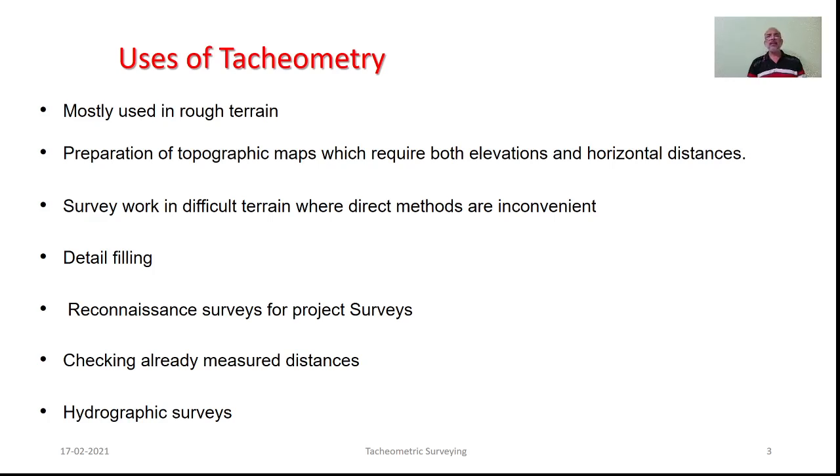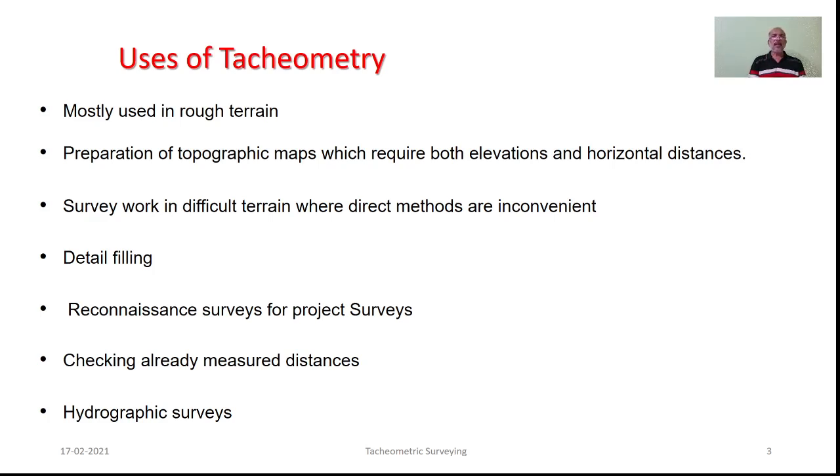It can be adopted in survey work when the terrain is difficult and it is not feasible to employ direct surveying methods. Whenever we deal with major surveys, in order to fill in the details of some traverses, the method is very useful.